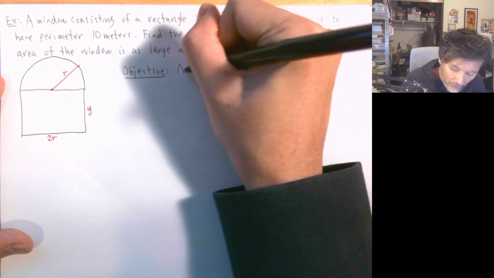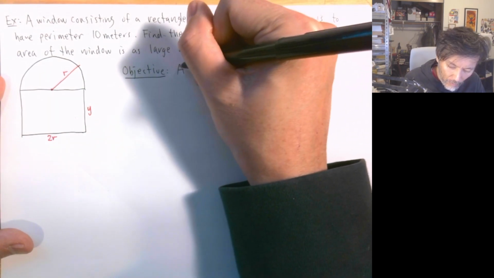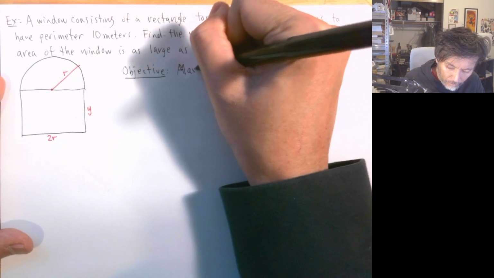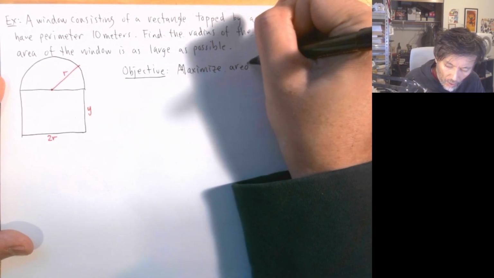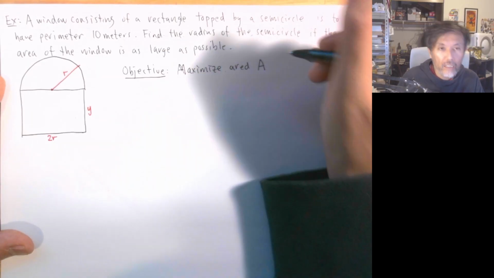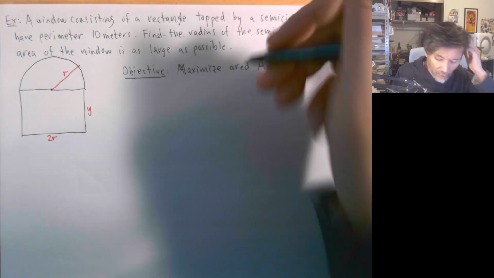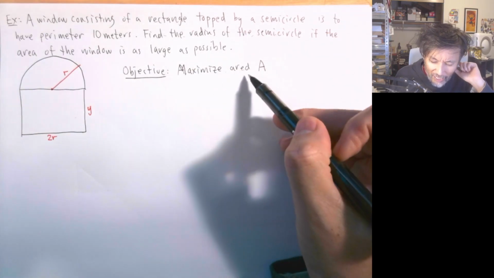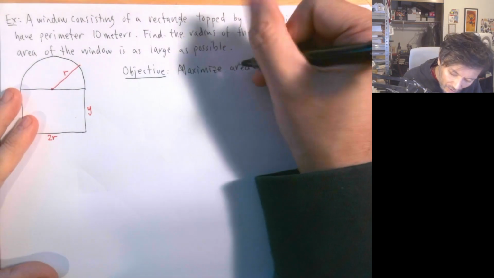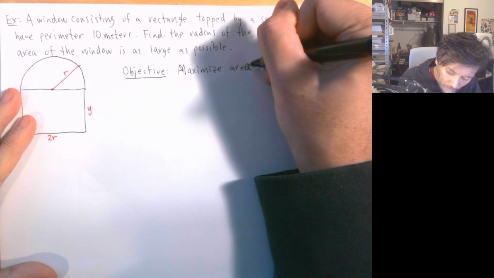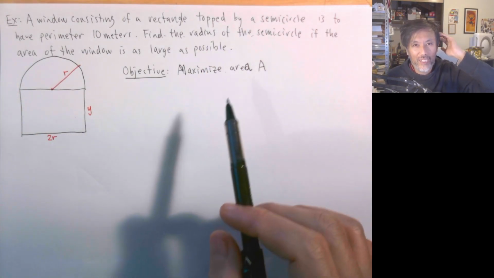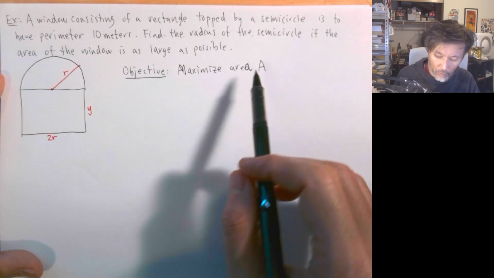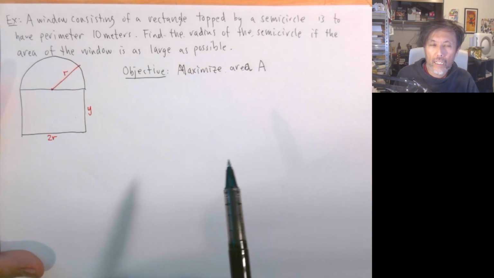So we want to maximize area, which I'll call A, because A is the last letter of the word area. Even though that A kind of looks like a D, it's really supposed to be an A.